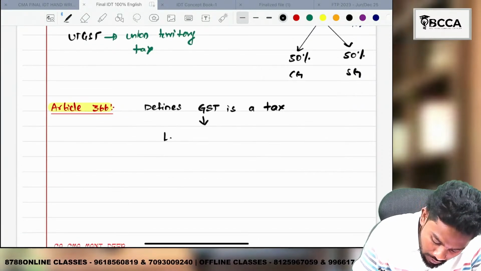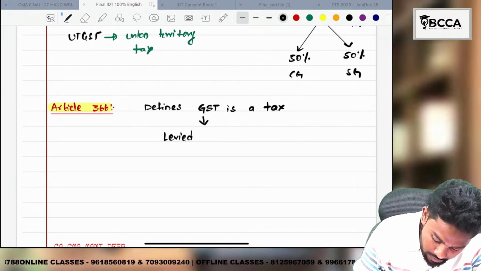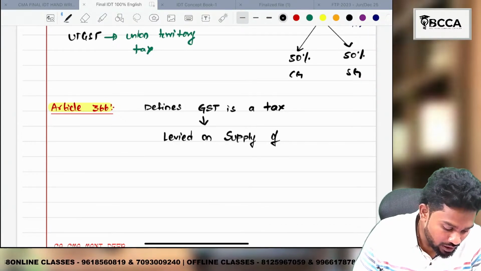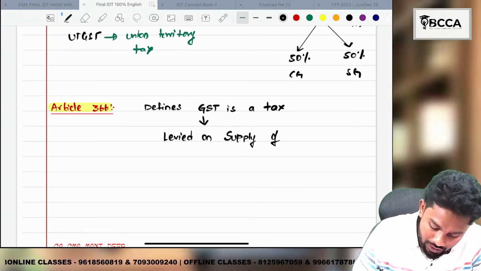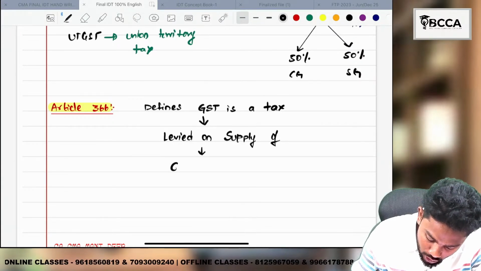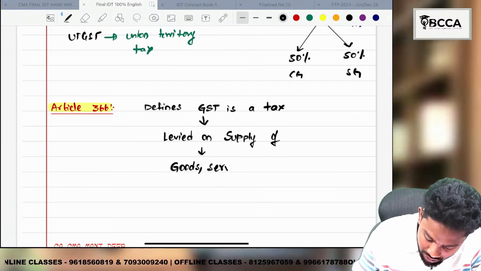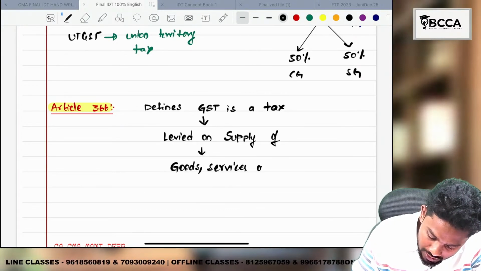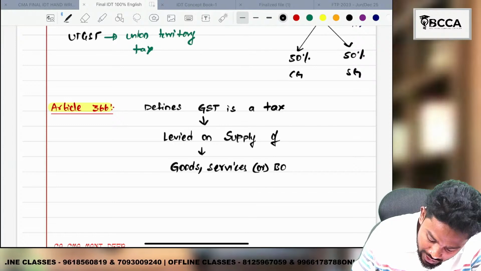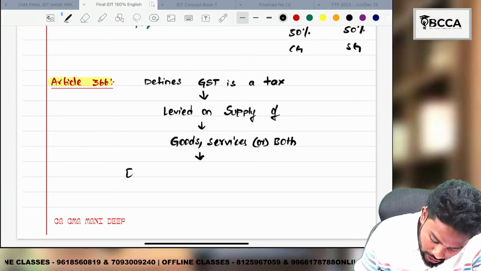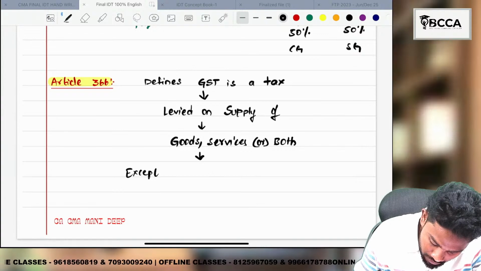It is levied on what? Levied on supply of goods, services or both, except alcoholic liquor for human consumption.